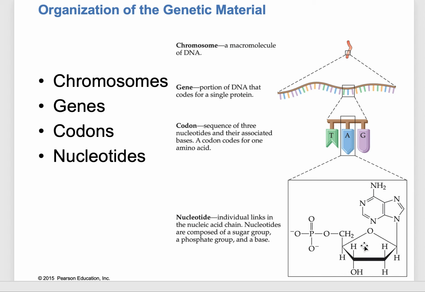And this is the chemical structure of one nucleotide. You've got the sugar, deoxyribose, you've got the phosphate, and you have the base. Okay, and there's a number for these. So this is number 1, 2, 3. Remember that's number 3. We call it 3 prime. 4, 5. We call that 5 prime. So that's why sometimes you see the sequence of nucleotides written 3 prime to 5 prime or 5 prime to 3 prime.